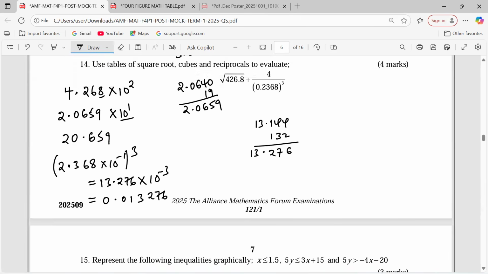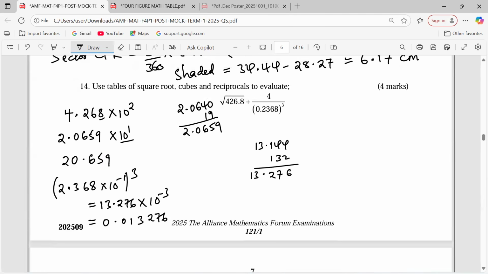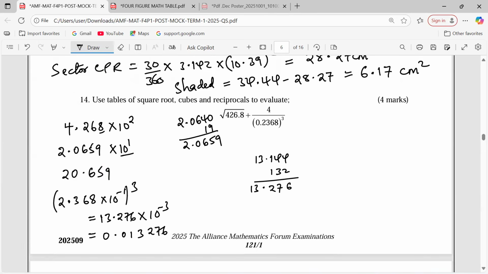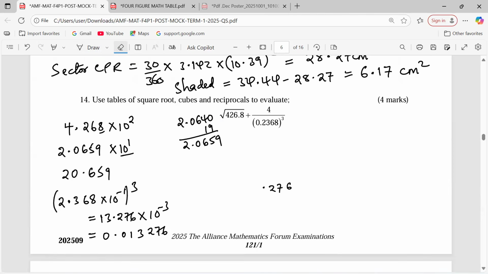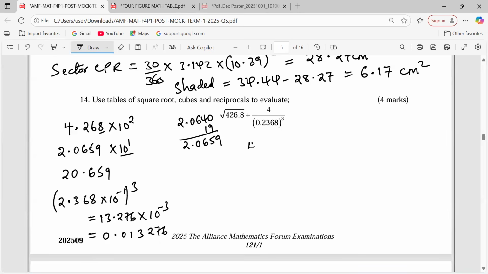So now we can proceed to find what we call the reciprocals. Now we are finding the reciprocal of whatever we've just concluded. Now we have 4 over 0.013276. So this is what we are finding the reciprocal for.